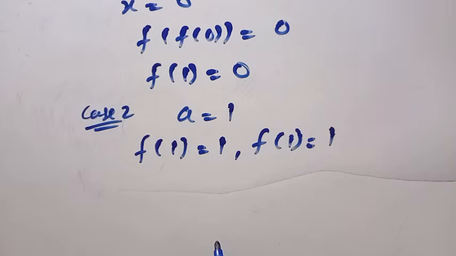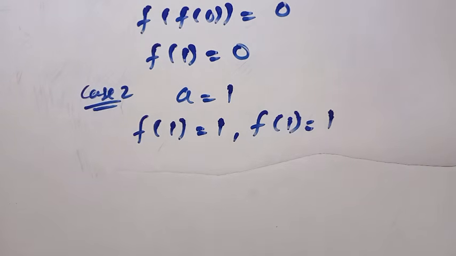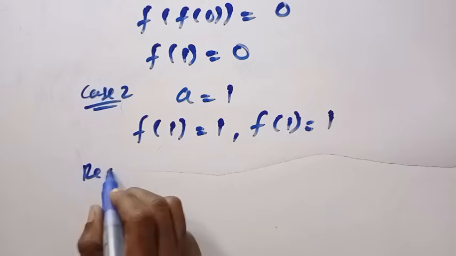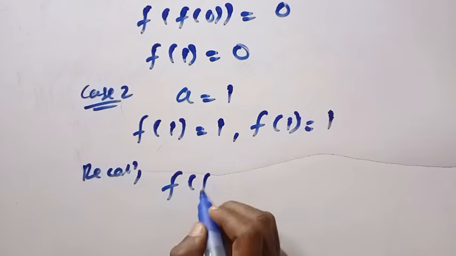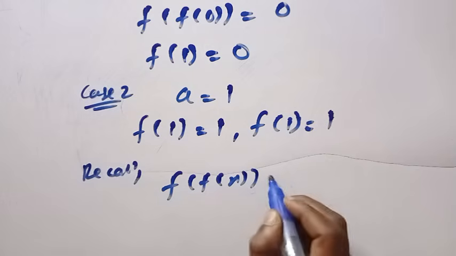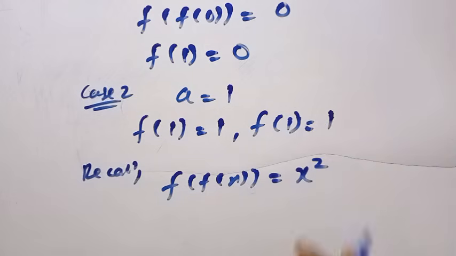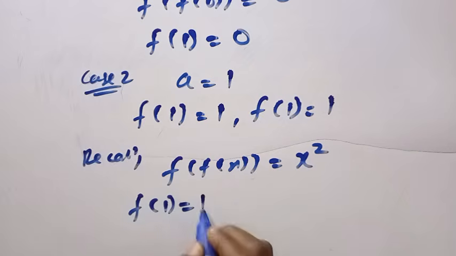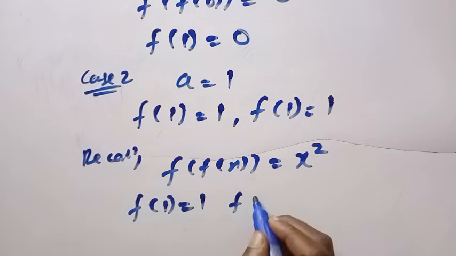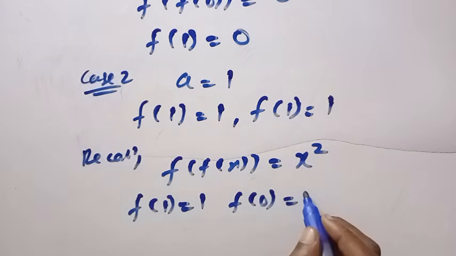In this next step, can both cases be valid under some f? We have to consider that as well. So let's recall that f of x equals x squared, and if f of 1 equals 0, then f of 0 will be equal to 1.